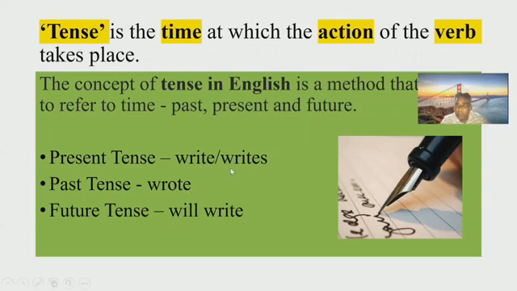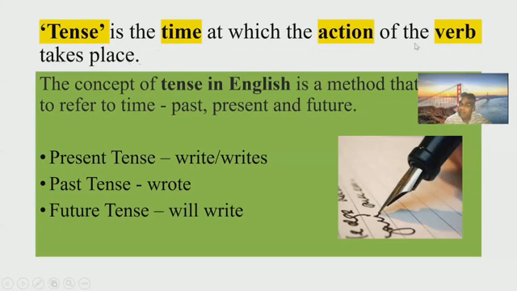So with this simple example, you might have understood what a tense is, because when you take one action, that is writing, the same action or the verb denoting that action will change accordingly according to the time. So to show the action related to time, we use tense. Therefore, tense is the time at which the action of the verb takes place.